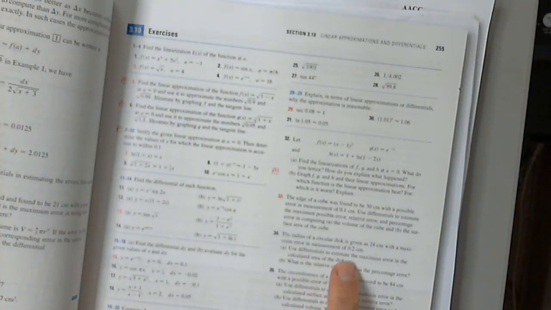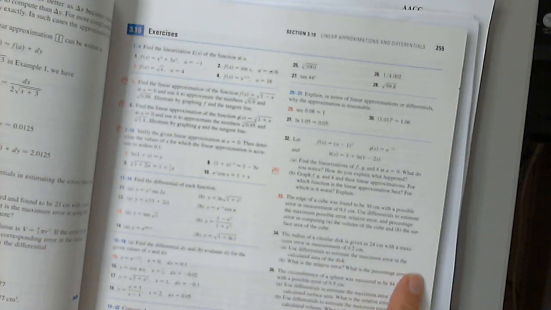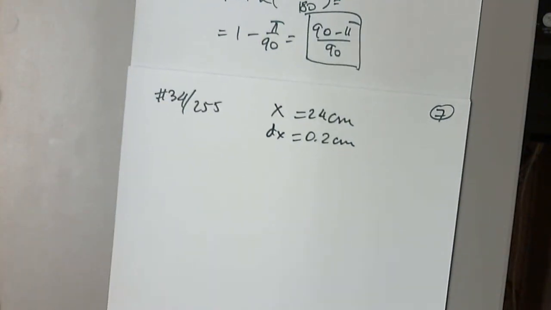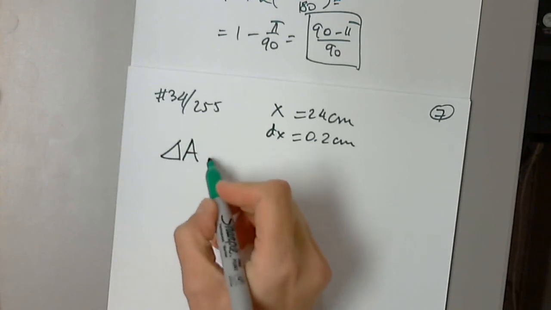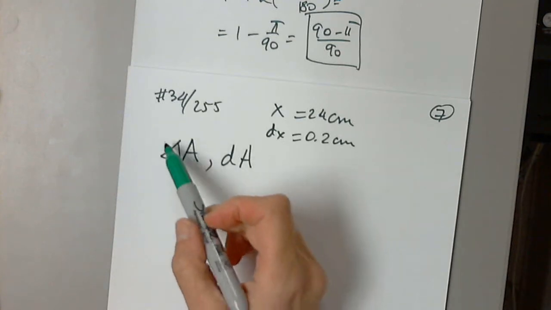Use differentials to estimate the maximum error in the calculated area. So estimate the maximum error in the calculated area of the disk. Which one is the estimate, the delta A or the dA? dA, correct.